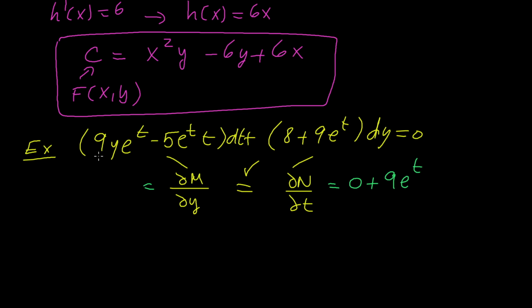And here, with respect to y, so 9e^t is a constant, so y becomes 1, minus 5e^t, t is just 0. So yeah, they do check and the test holds.